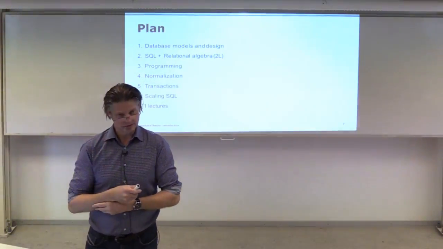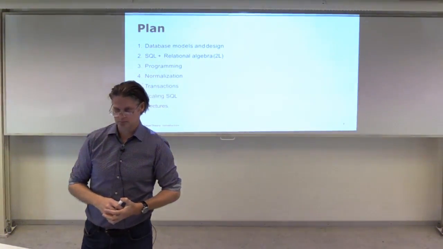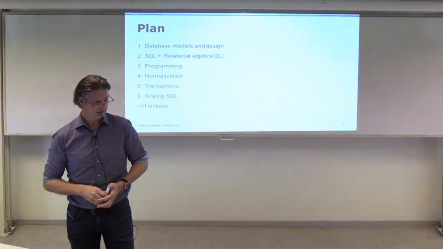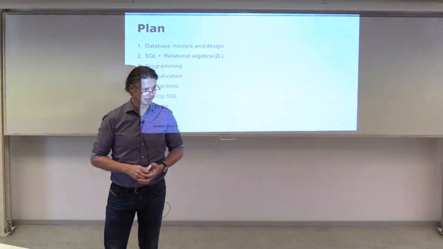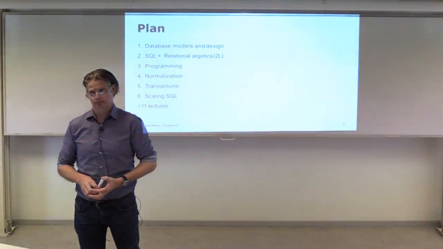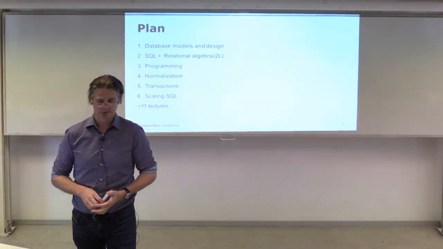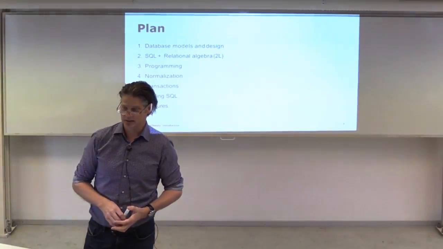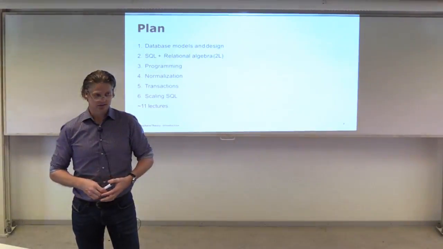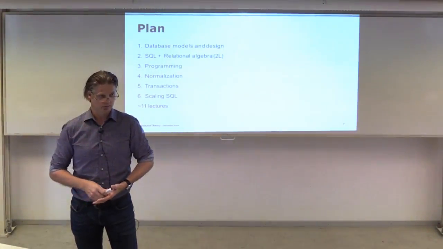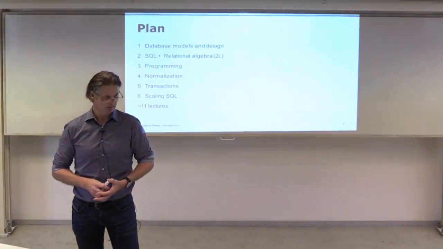The previous lecturer of this course told me that I should be spending more time on normalization. And that's something that I will do because it's a very important part of designing a database. So even if you just see 6 topics here, there are around 11 lectures.